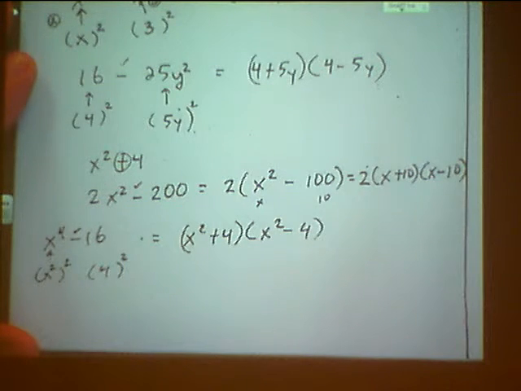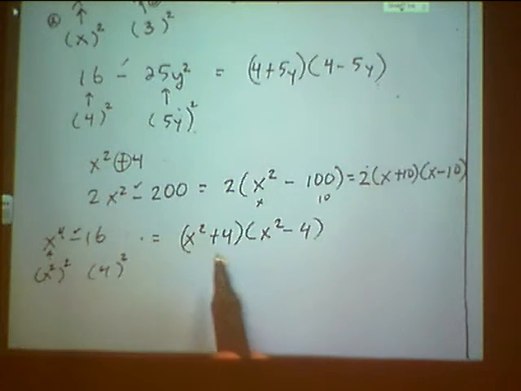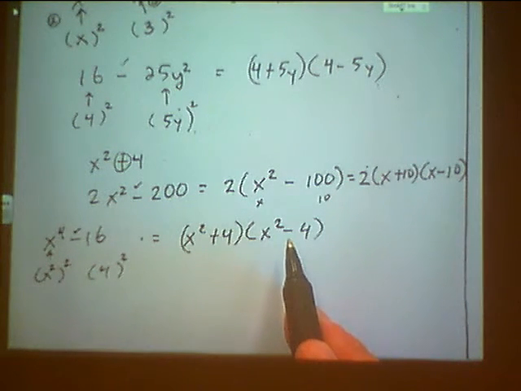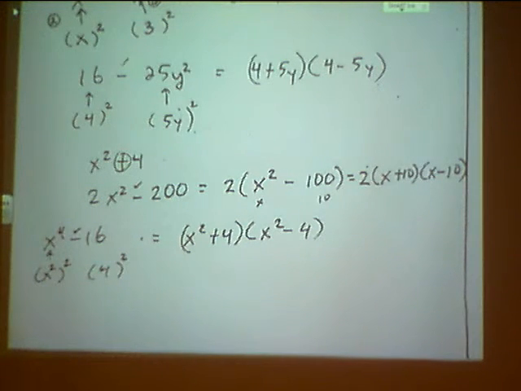Now, oftentimes, you think you're done, but even when you factor, you still have to go into the parentheses that you just wrote and make sure nothing else factors. Well, here, the first parentheses, x squared plus 4, it's a binomial. I could try difference of squares, but right away I notice I've got a plus here, so it's not difference of squares. So the x squared plus 4 doesn't factor. However, look at this second parenthesis. X squared minus 4. It's also a binomial.